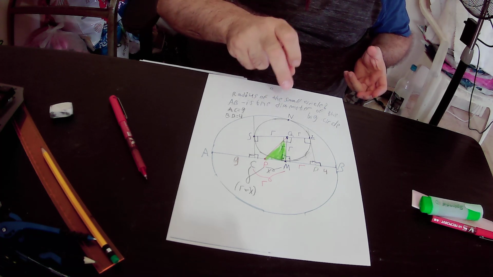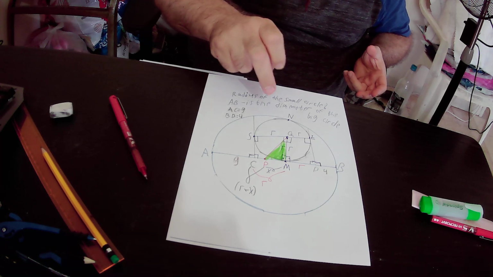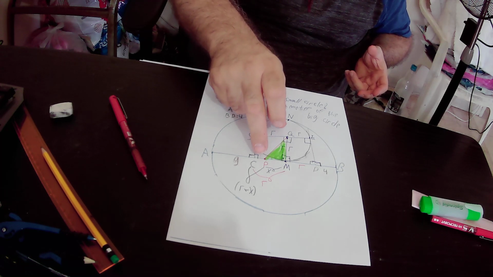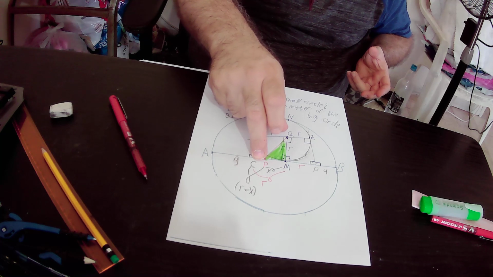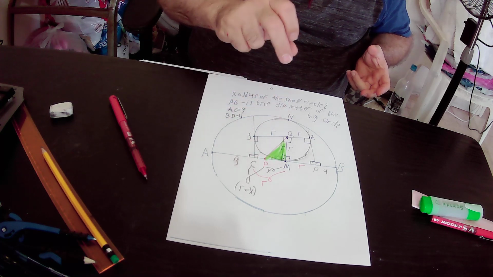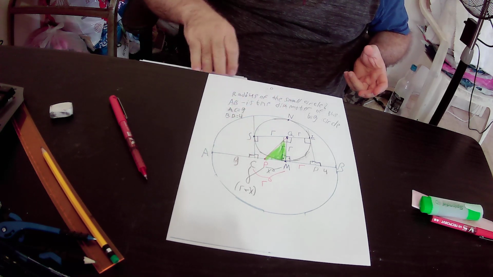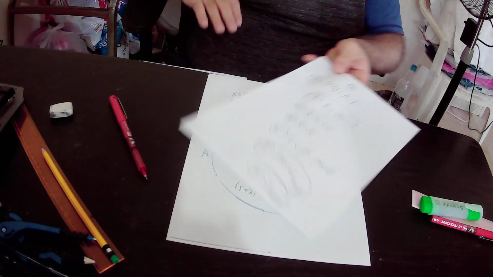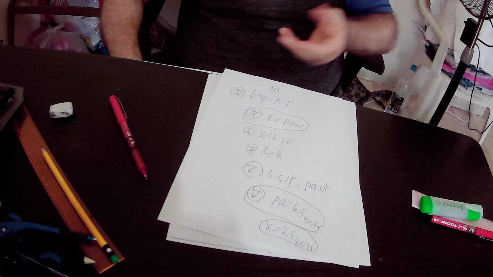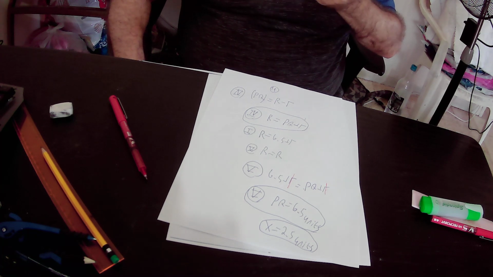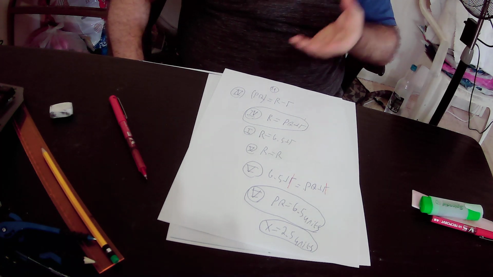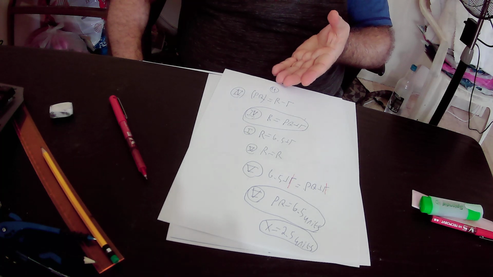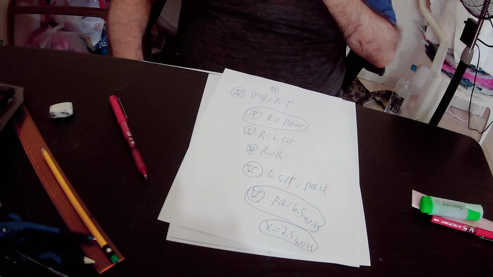So according to rule number 5, the distance between their centers, that is to say PQ, equals the difference between the lengths of their radii, that is to say PQ equals capital R minus R, because capital R minus R is the difference between the radii of those two circles.